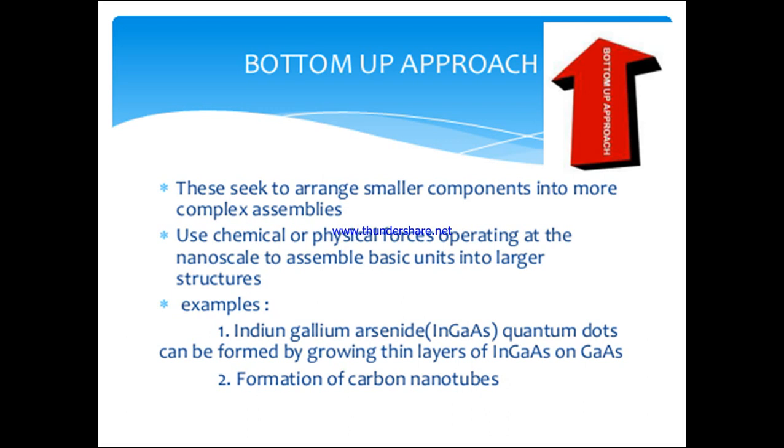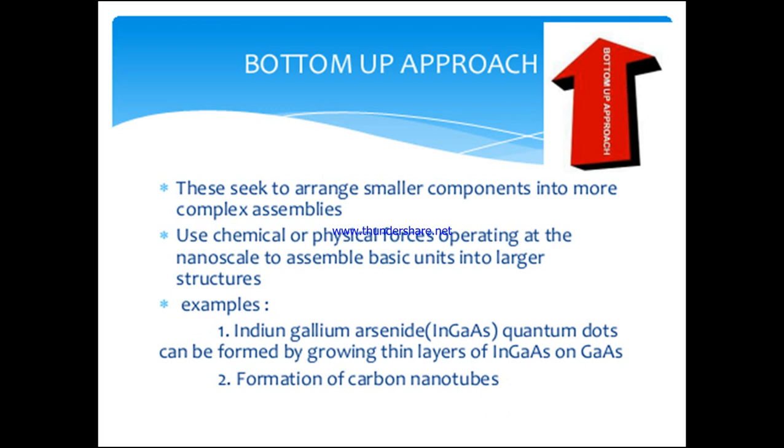includes the miniaturization of material components up to the atomic level, with further self-assembly process leading to the formation here. So this seeks to arrange smaller components into more complex assemblies. That is, the smaller atoms or molecules are joined together, self-assembled together to form huge complex assemblies here.